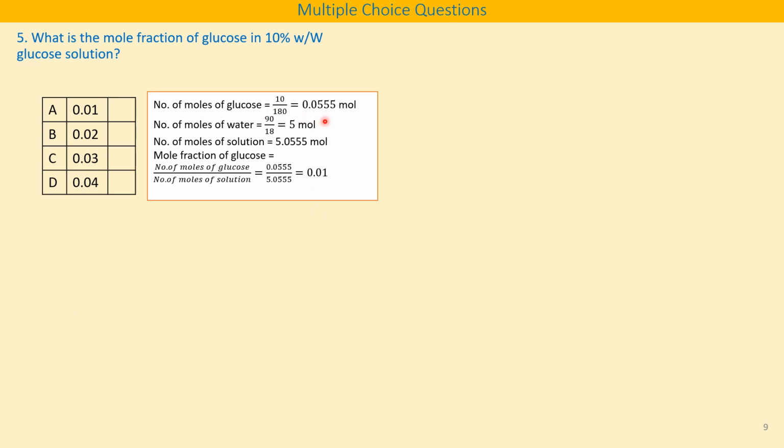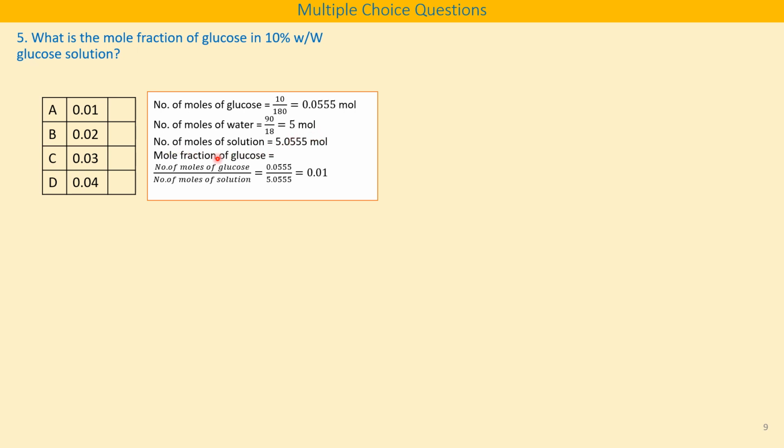That is equal to 0.0555 mole. Number of moles of water is equal to 90 by 18 because 100 minus 10 is 90. This is the mass of water divided by the molecular weight of water 18. That's equal to 5 mole.